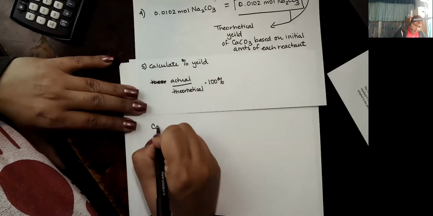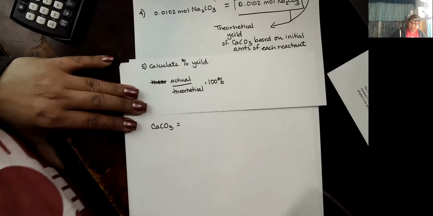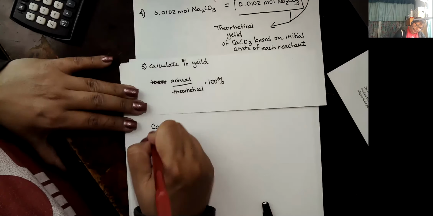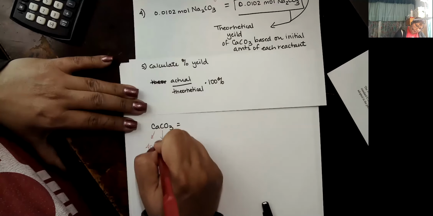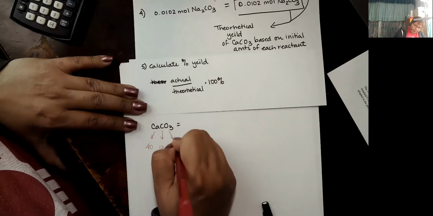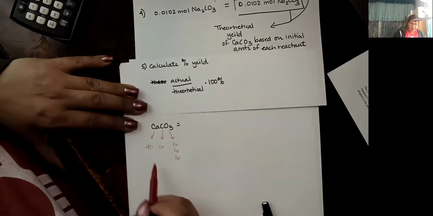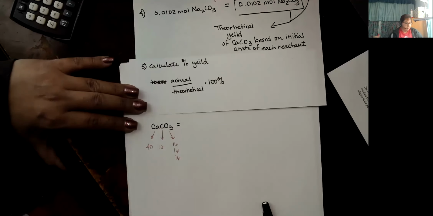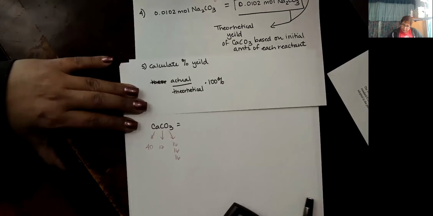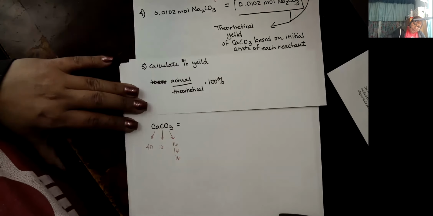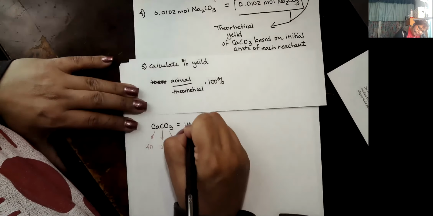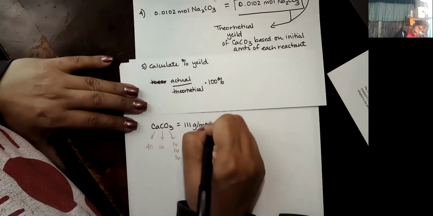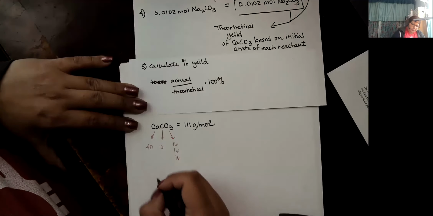So calcium carbonate has a molar mass of, this again is 40, 12, and then 16 3 times. I'm writing it out this way to remind you how to calculate molar mass. And there's my calculator. So that is 111 grams per mole.